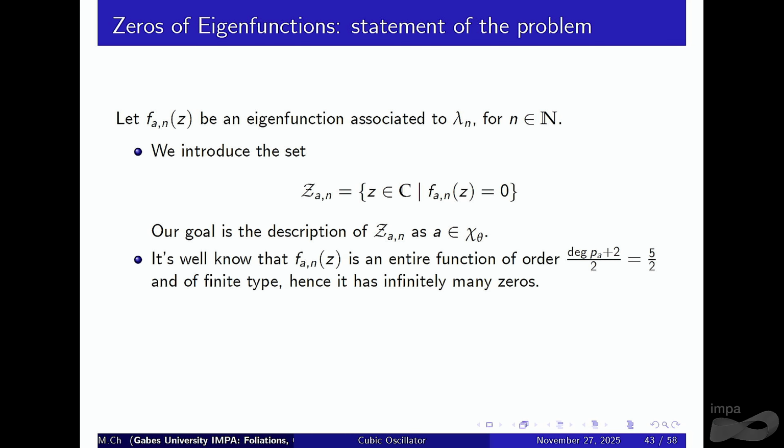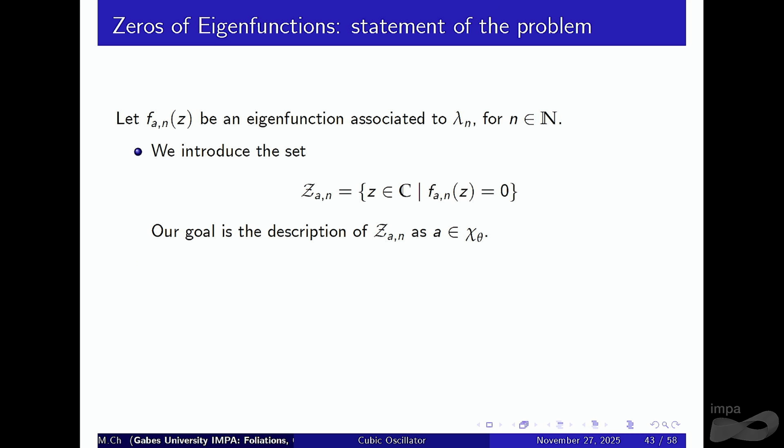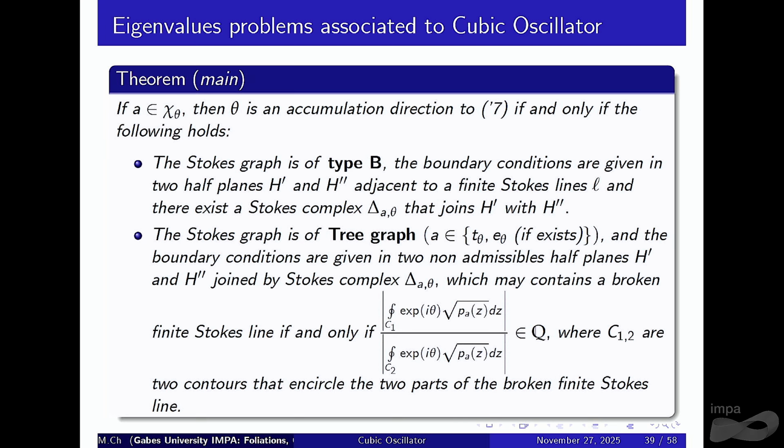It is well known that f is entire, of order 5/2, and has infinitely many zeros. When A is described as above, this set is not empty, and it is reduced to the cases where A is in the set and the Stokes graph is of type B, in 3 cases with this condition. Okay?